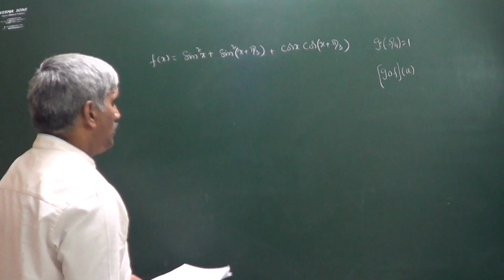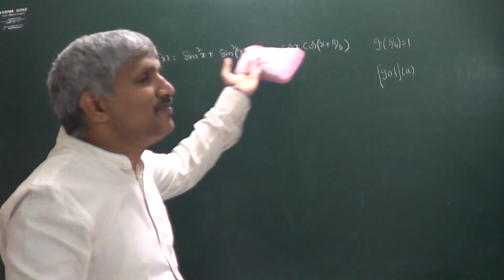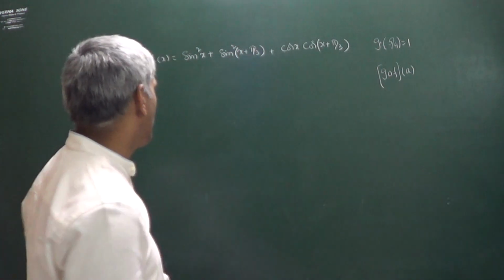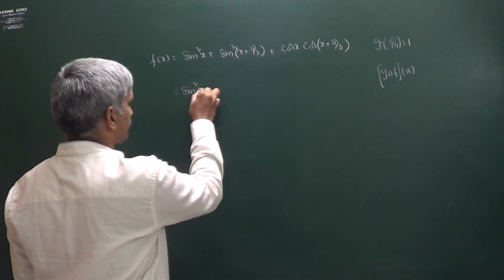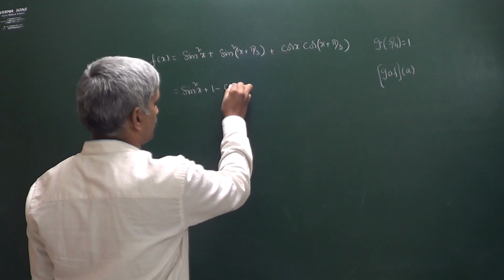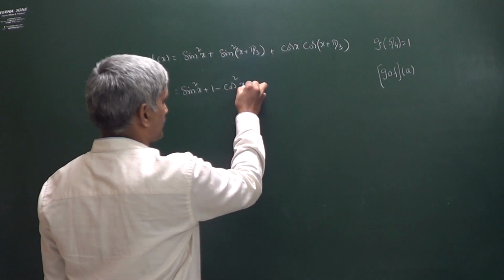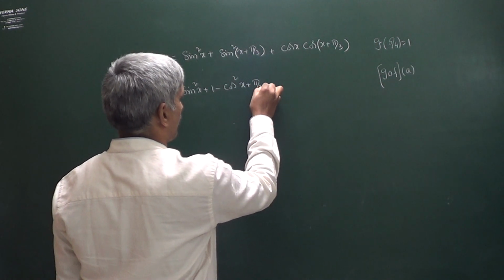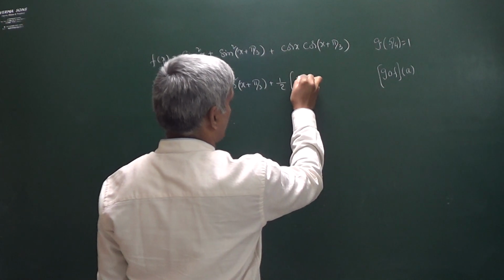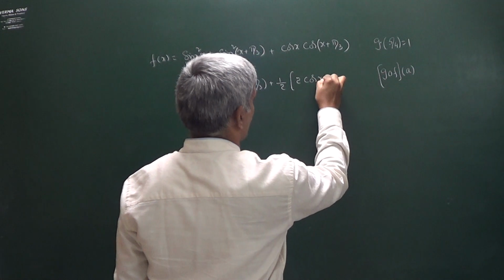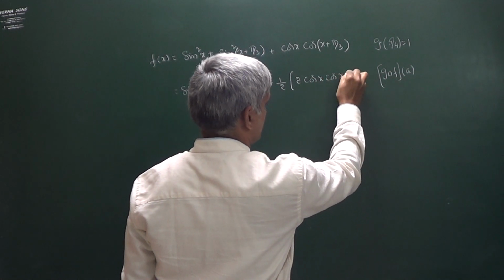Okay, first of all, what we can do here is simplify f(x). This is equal to sin²x + 1 - cos²(x + π/3) + 1/2 into 2 cos x cos(x + π/3).